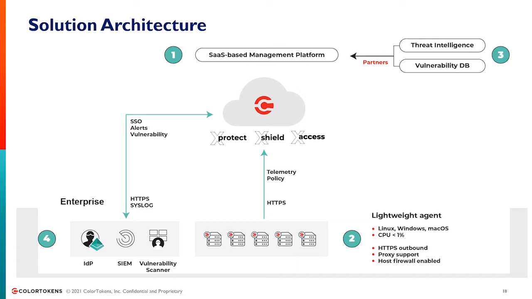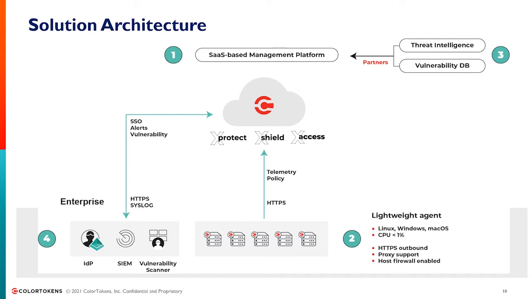Apart from that, we can integrate whatever IDP, SIEM, and vulnerability scanners reside within the organization into the ColorToken platform, where it can coordinate to give comprehensive reporting and features.